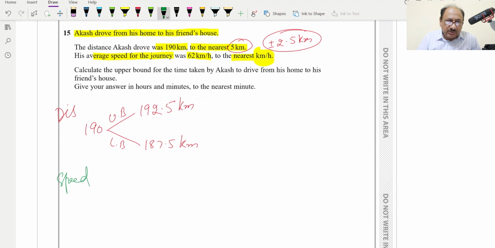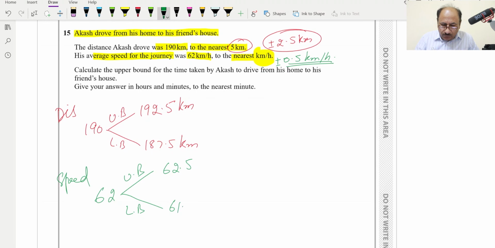Speed is 62 kilometers per hour, which again we can check for upper bound and lower bound, and this will be 0.5 kilometer per hour we have to add and subtract, so plus minus. So this will be 62.5 and 61.5 will be the lower bound, in kilometers per hour. Hopefully you are understanding everything.